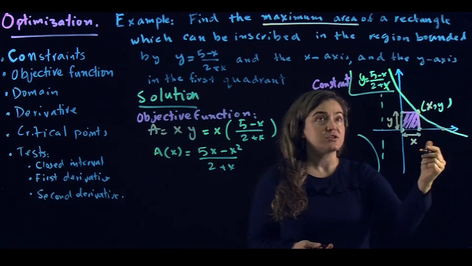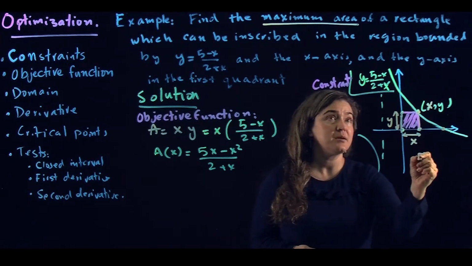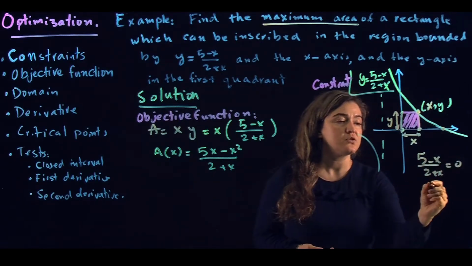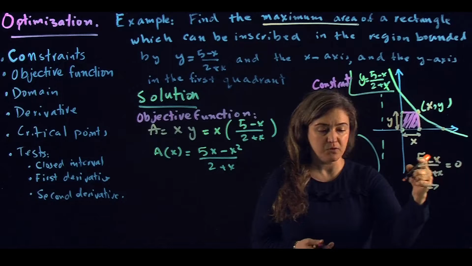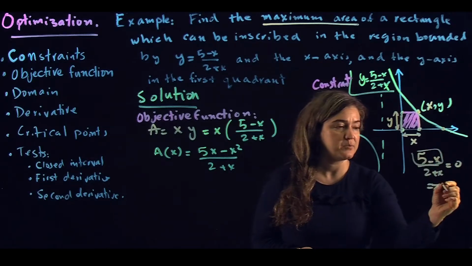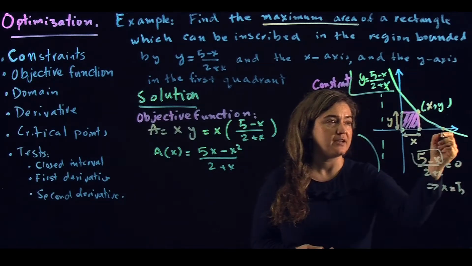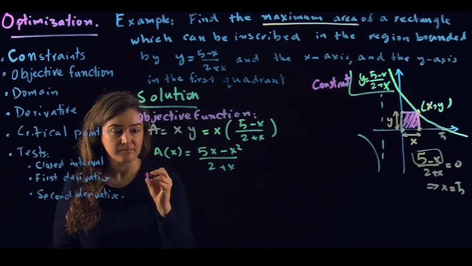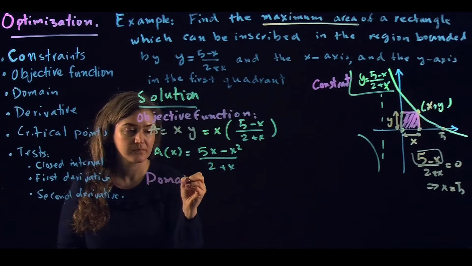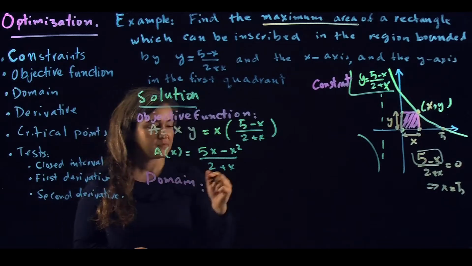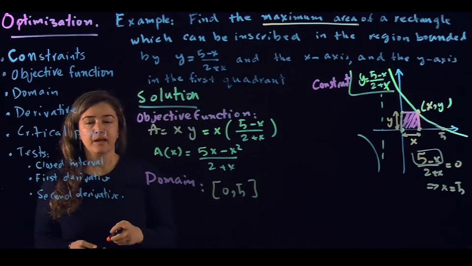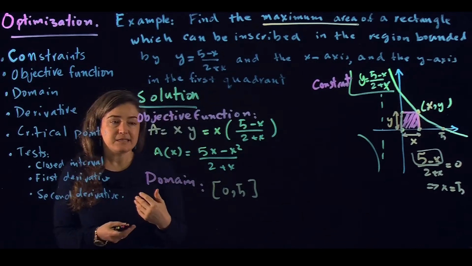How do we solve for the x-intercept? We set y equal to 0. So this is going to tell me that x has to be equal to 5. Domain is 0 to 5.